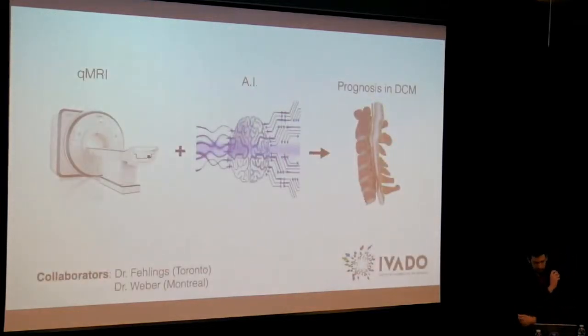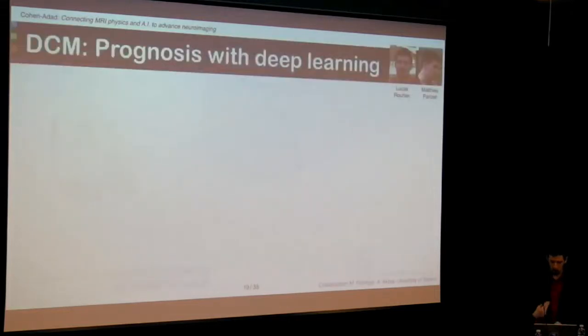Another project that is ongoing, where deep learning is coming to the rescue for our MR challenge, is for the prognosis of degenerative cervical myelopathy, or DCM. So the context of this pathology is that there are a lot of patients, and often it's non-symptomatic.